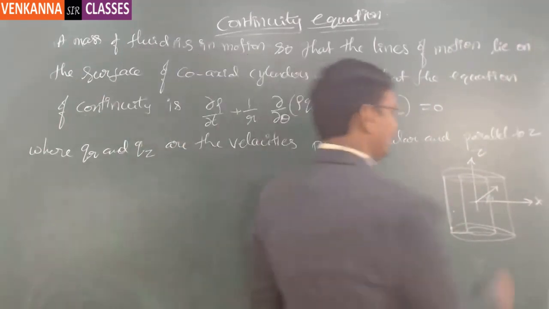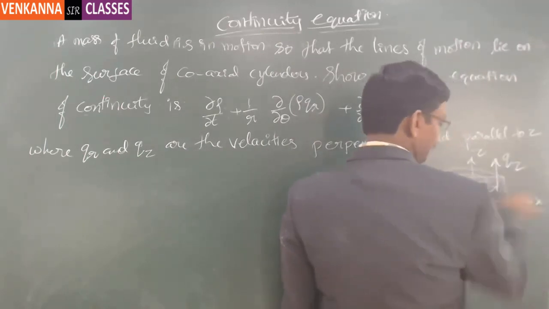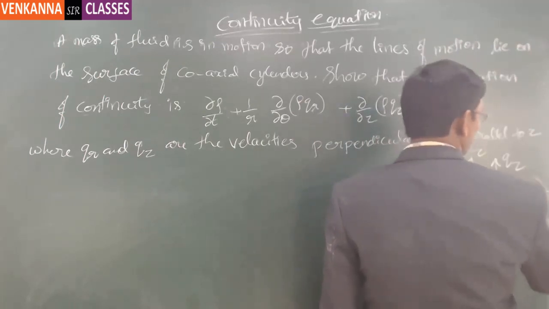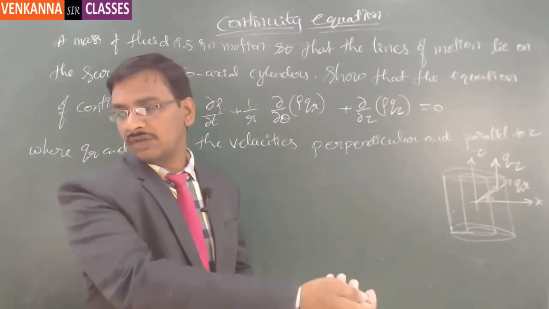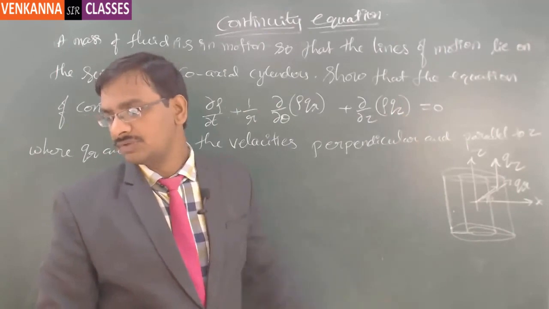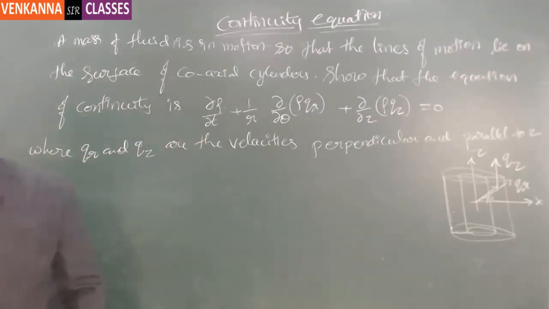So this is the qz direction and then the flow along the radial direction, this is the direction of r. So this is the qr direction. So on the coaxial cylinders the water is flowing outward like this and the water is flowing in the vertical direction, not in the circular direction. Got it? Understood?